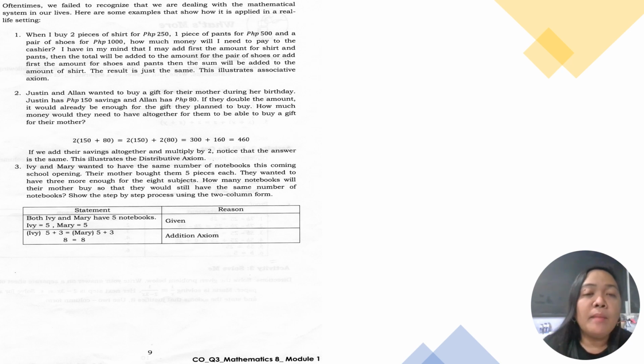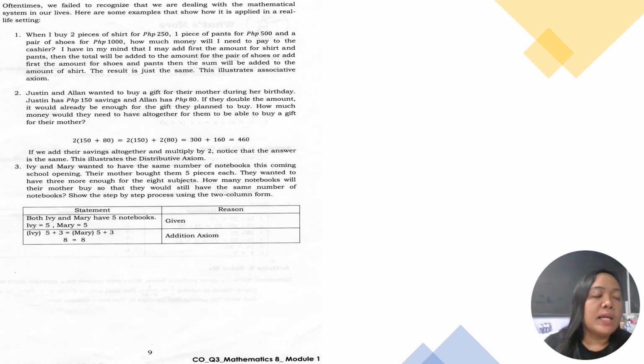You get the sum of their savings. The total now is 460 altogether. So if we add their savings all together and multiply by 2, notice that the answer is the same. This illustrates what we did earlier, where we applied the distributive axiom for our statement number 2.